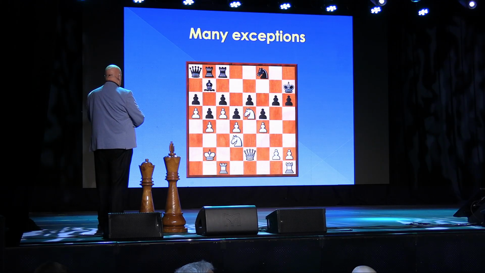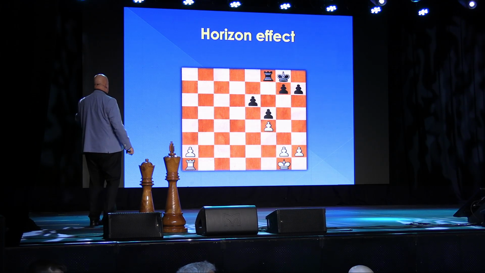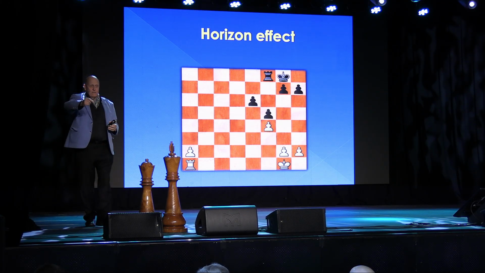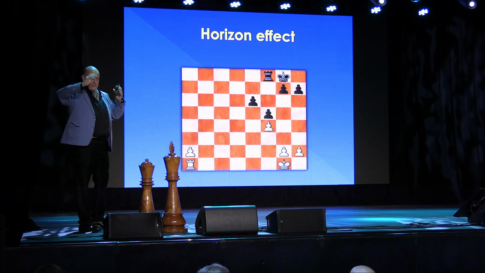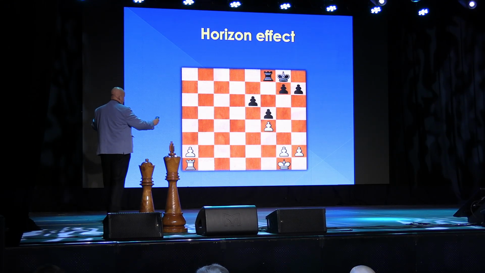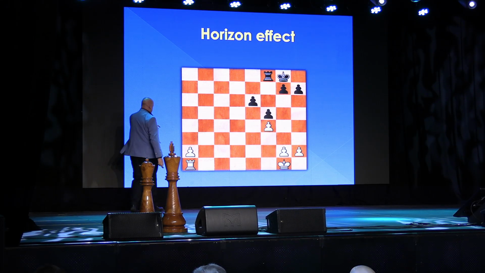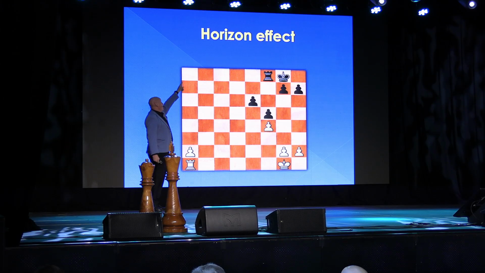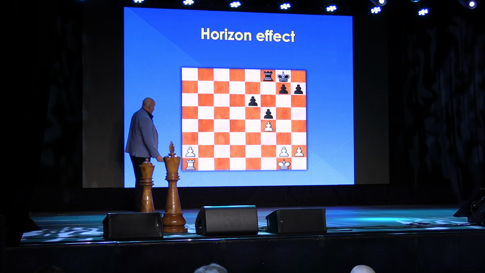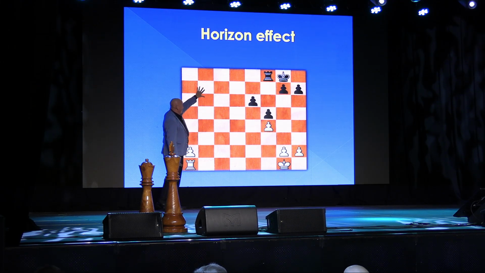The second example was this one, the horizon effect. The same 7-year-old boy or girl will immediately understand that this position is almost winning for white, because this pawn going forward to here will be converted into a queen if it gets to the 8 square, to the end of the board. So there are no black pawns avoiding or stopping this pawn from going to that square.